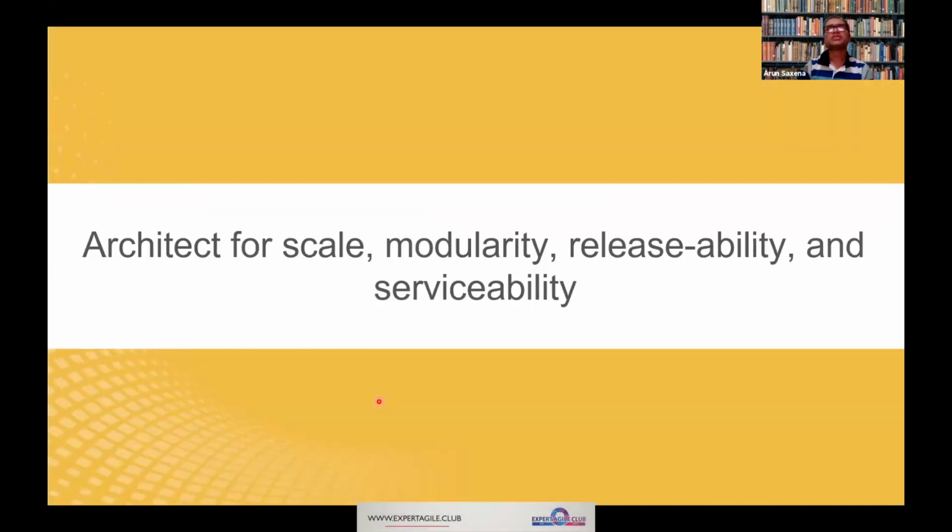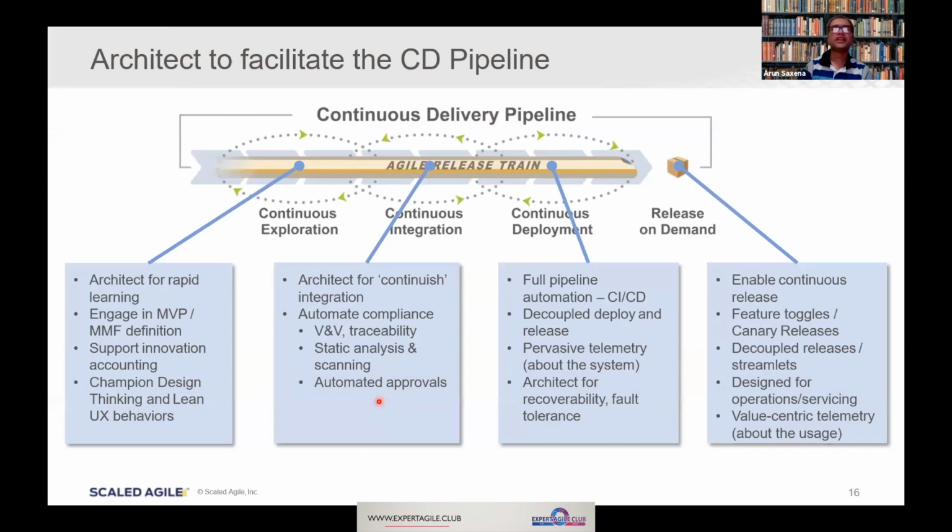Okay, so moving next is about architecting for scale, modularity, releasability, and serviceability. And this very much maps to what we call in DevOps a CI/CD pipeline.